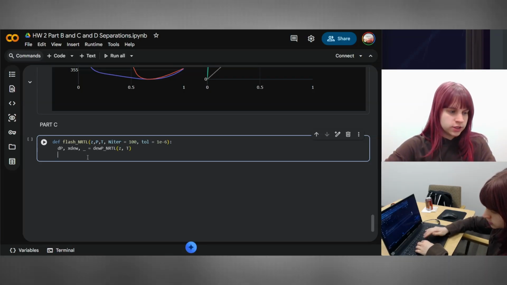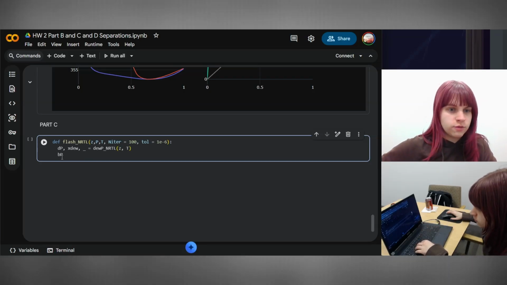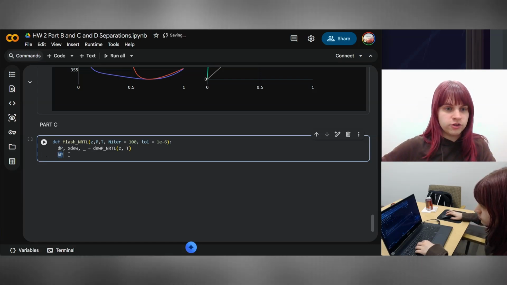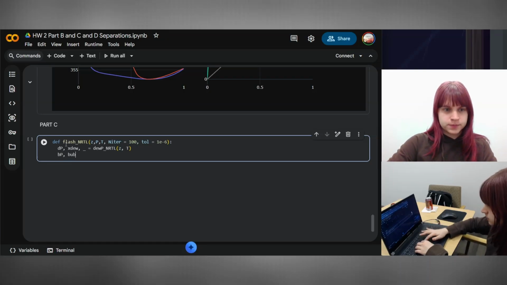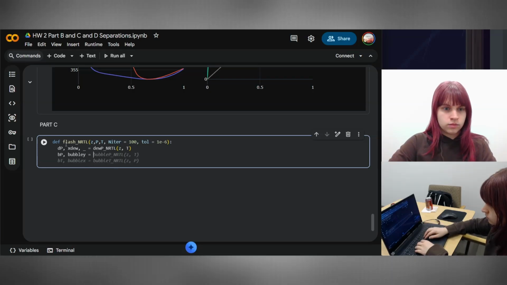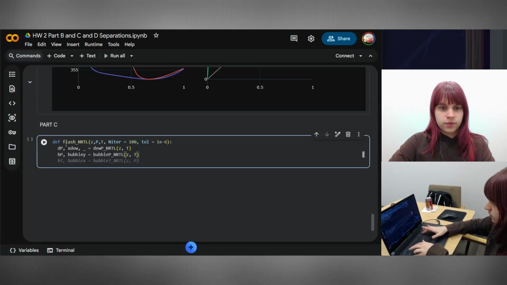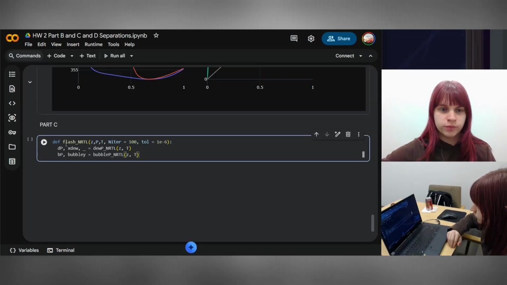This was the dew pressure I should say, and we want to do the bubble pressure. And this is going to be our bubble P NRTL again, with the composition and temperature being provided.